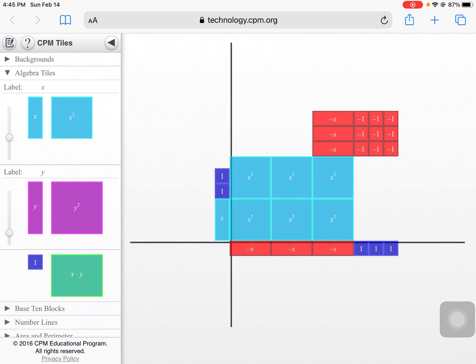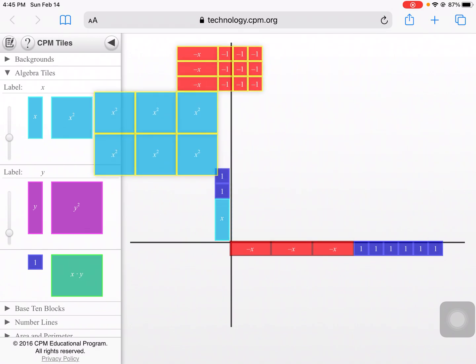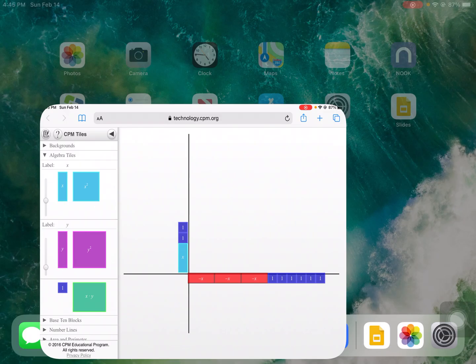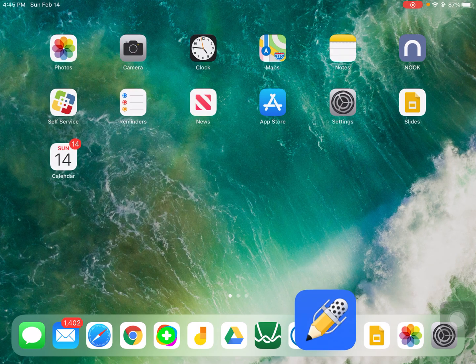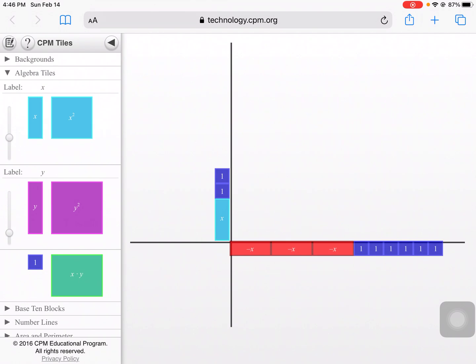And then we're going to do negative 3x plus 5. So we'll remove all of these. I just want to double check. Yeah. Okay. So when we multiply an x times a negative x, we'll get a negative x squared.